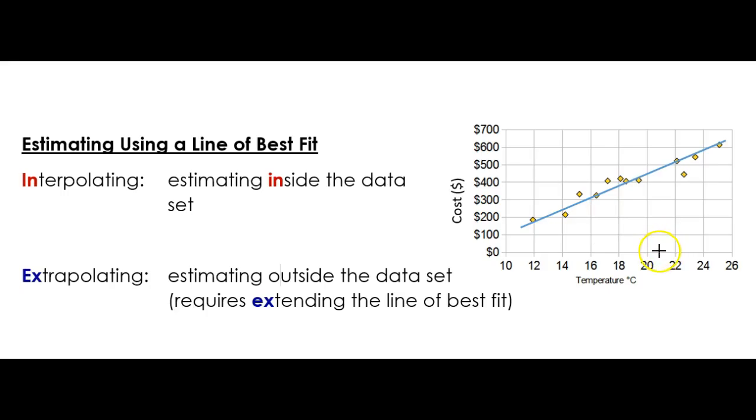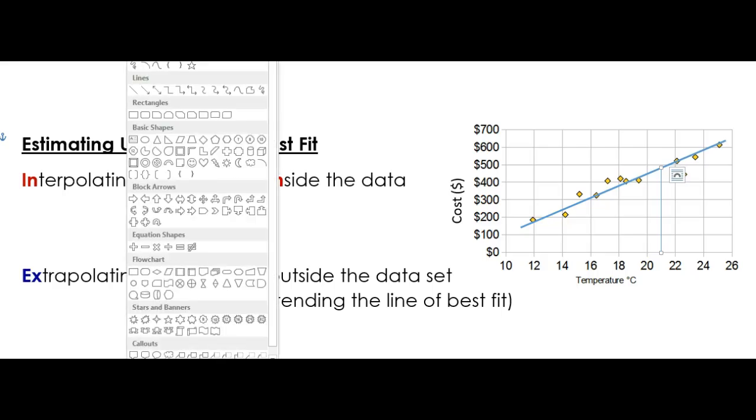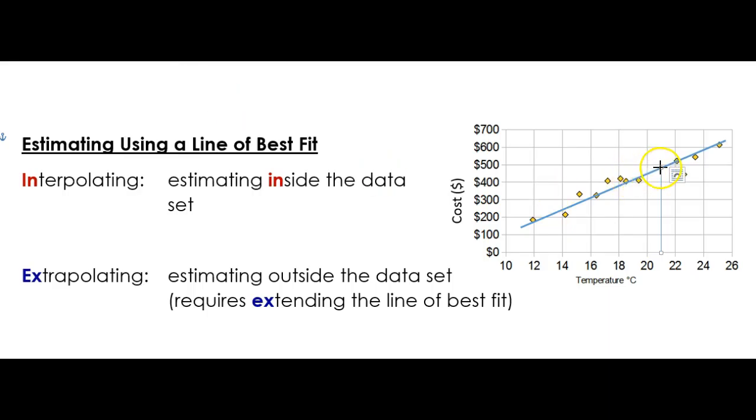All right, so here I am at 21 degrees Celsius, and I want to know how much to charge for this condo. And then what I want to do is, okay, well, I know that's where my line of best fit is, and that represents the trend or the relationship. So now I'm going to say, okay, where does that go over here on my vertical axis, on my cost axis?